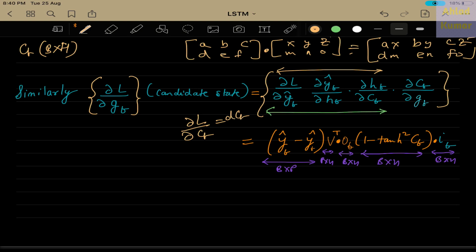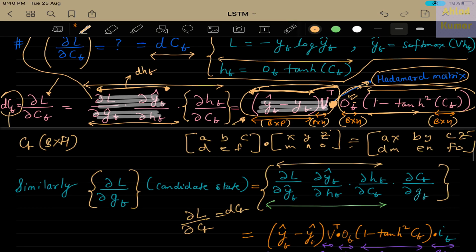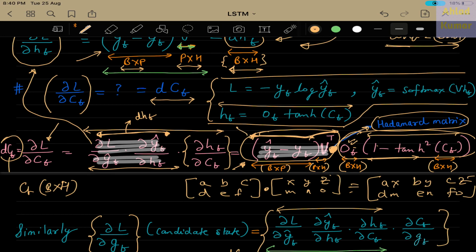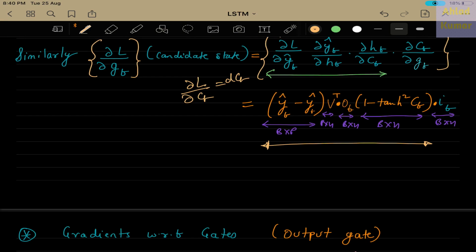This we have already calculated till this point, and you know that this expression is the same as this expression, but the extra term that is involved over here is the IT term, and this IT is basically coming due to this derivative, that is the derivative of the CT with respect to GT.